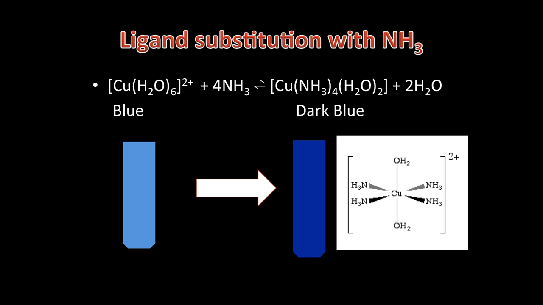Ammonia and water molecules are of a similar size, so the complex remains with a coordination number of 6 and an octahedral shape. It's important to note that all 4 ammonia molecules are in the same plane and the complex has trans-isomerism. This solution, with a copper complex ion with 4 ammonia ligands and 2 water ligands, is a deep blue colour.